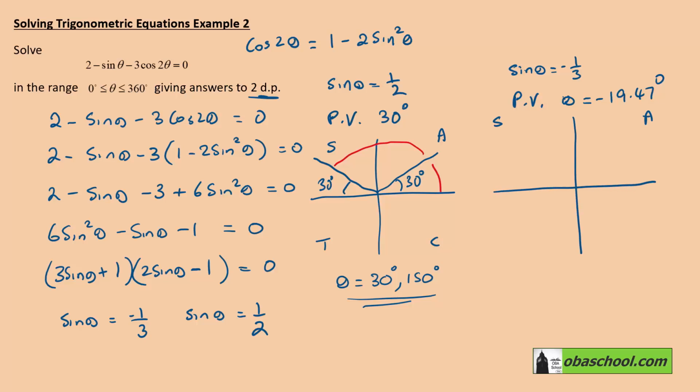So it was a sine, it was negative. This is 19.47, this is the negative 19.47, and by symmetry and the fact that the sign will be negative here, this is 19.47 as well. So we need to collect solutions between 0 and 360. So the first one is at 180 plus 19.47, and the next one would be 360, take away that.